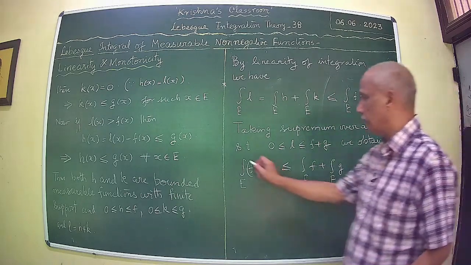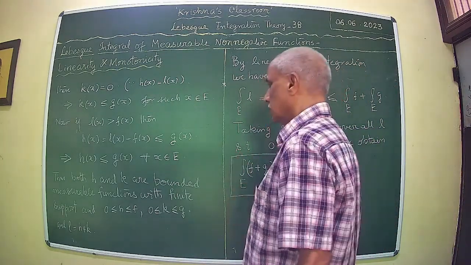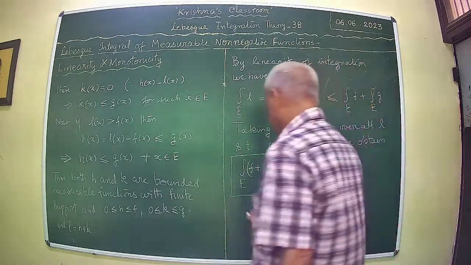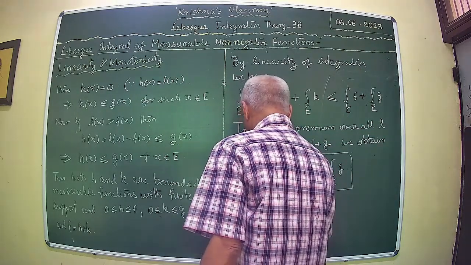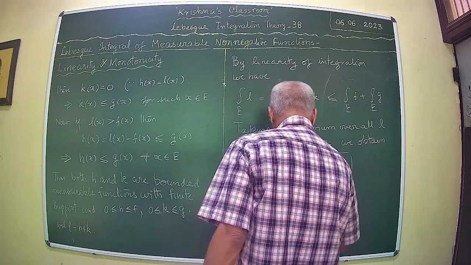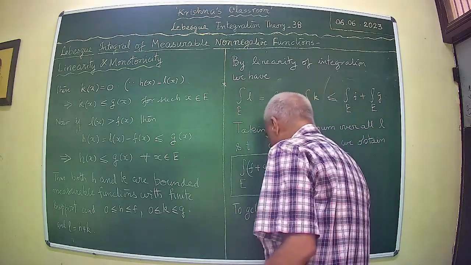Therefore we have proved both the inequalities, and so together we obtain the integral over E of f plus g equals the integral over E of f plus the integral over E of g.